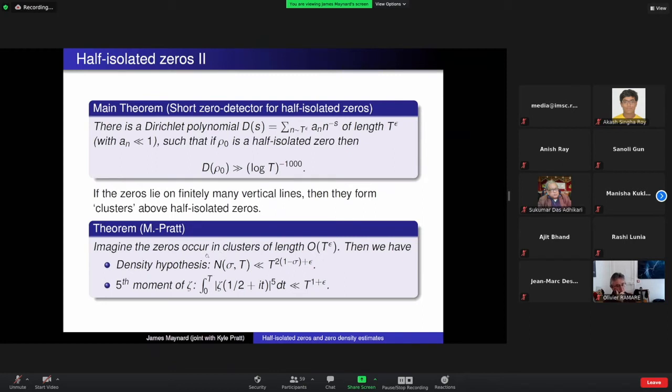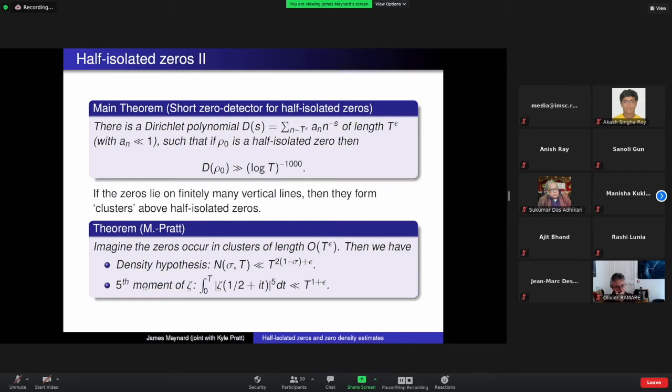So if you imagine that all the zeros occur in clusters of length big O to the epsilon, then this short zero detector would give not only the density hypothesis that N(sigma, T) is bounded above by T to the power 2 minus 2 sigma, and so in particular would give an asymptotic for primes in short intervals of length slightly bigger than the square root of x. We'd also get an essentially sharp bound for the fifth moment of the zeta function.